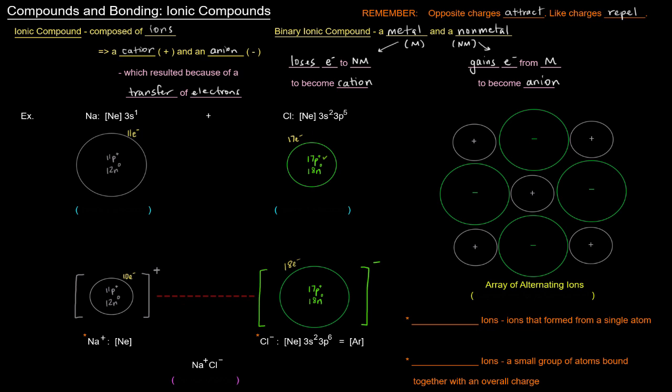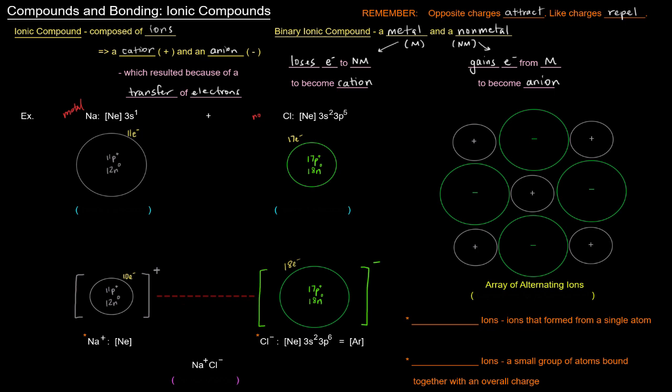It's neutral as well. Now, what you should pay attention to is the idea that sodium has one extra electron past its noble gas configuration, while chlorine needs just one more electron to reach the next noble gas configuration, which would be argon. So what ends up happening here is that sodium, the metal, is going to lose an electron to chlorine, the nonmetal.